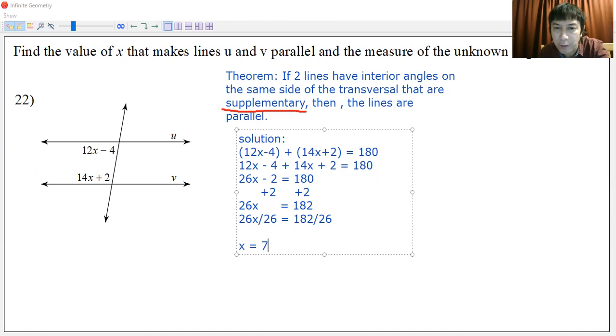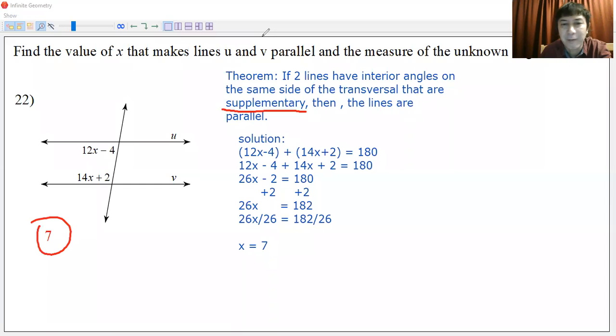It's a carry 4, and then 14 plus 4, that's 18. X is equal to 7, and we can verify that. X is equal to 7 there, and so this is the right x.